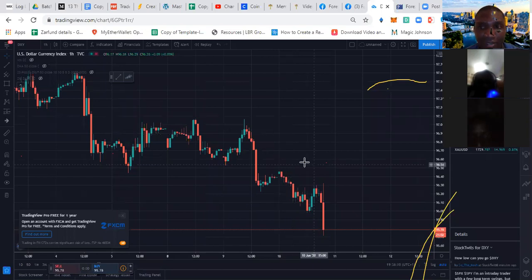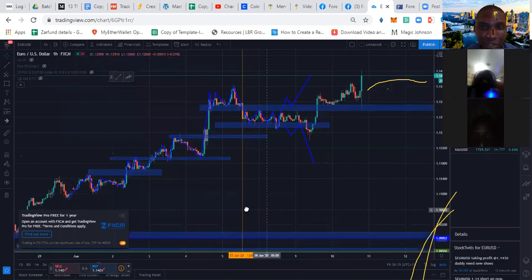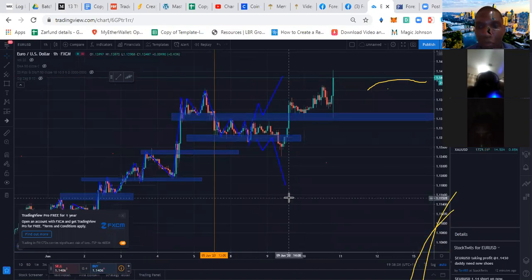But now look at this. Look at Euro USD. Can you see that Euro USD is painting the opposite picture that we just saw?